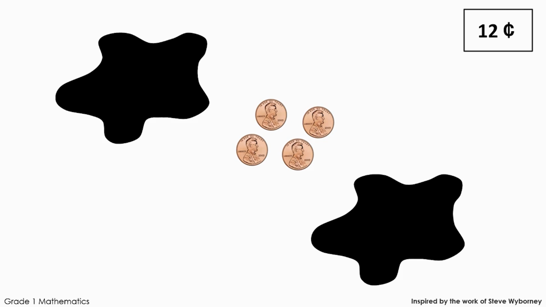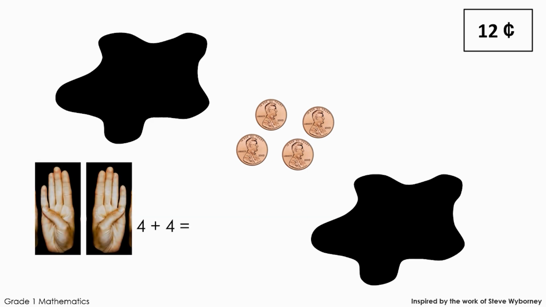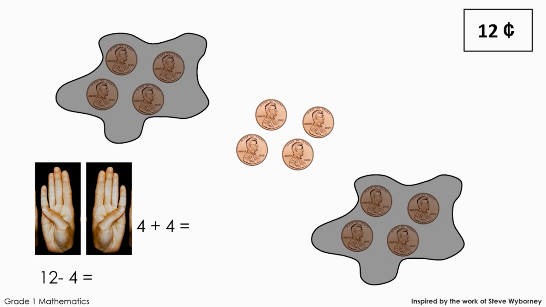I remember we had 3 groups of 4. I have 2 hands with 4 fingers up. I know that 4 and 4 is 8. Or maybe you subtracted. 12 minus 4 is 8. Let's find out. 8.